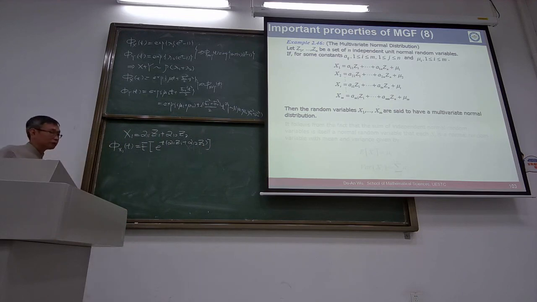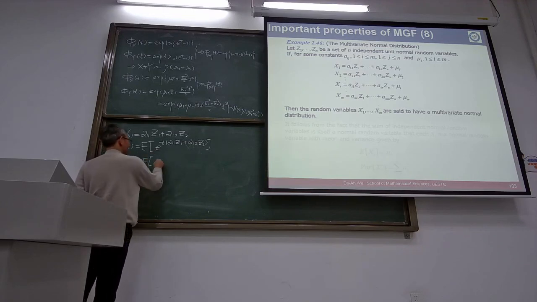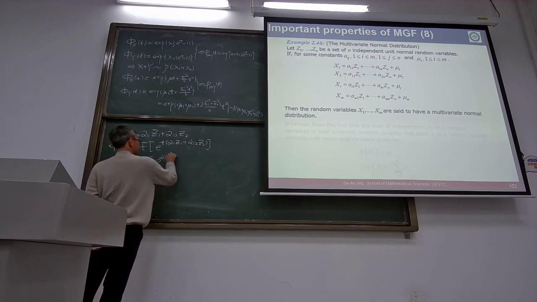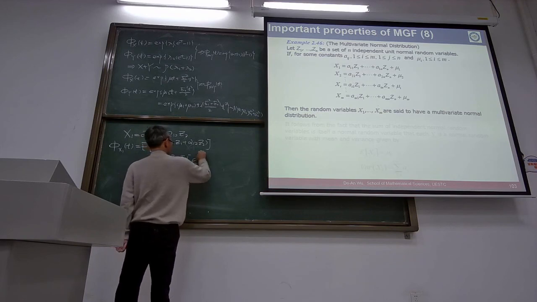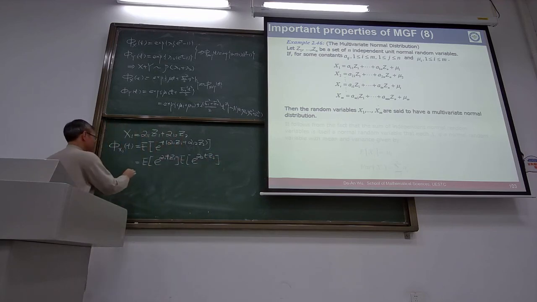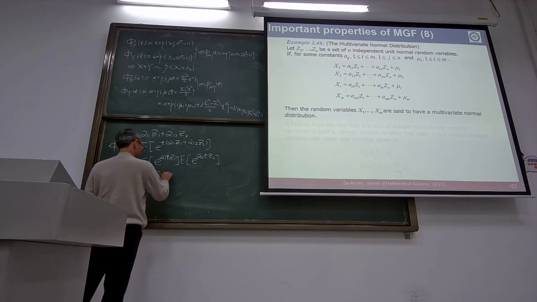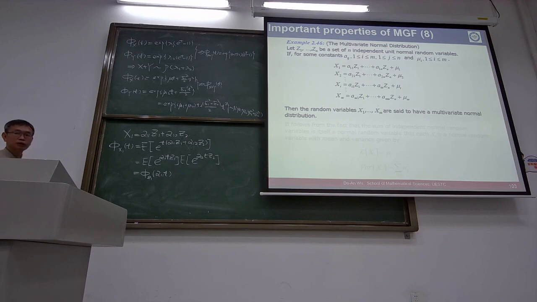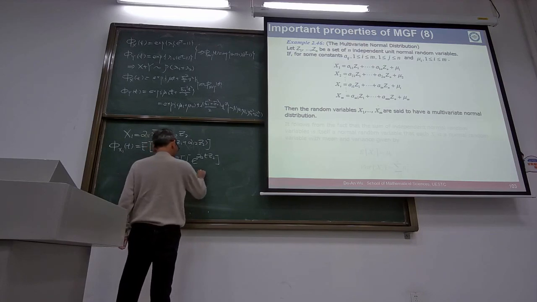Because they are independent, it just equals the expectation of e to the alpha 1 1 t z1 times the expectation of e to the alpha 1 2 t z2, which equals the moment generating function of z1 with parameter alpha 1 1 t, times that of z2 with parameter alpha 1 2 t.